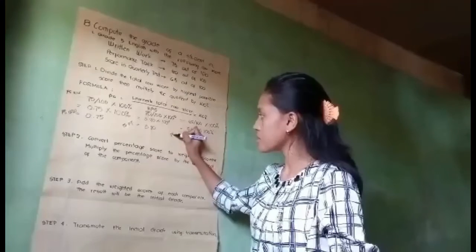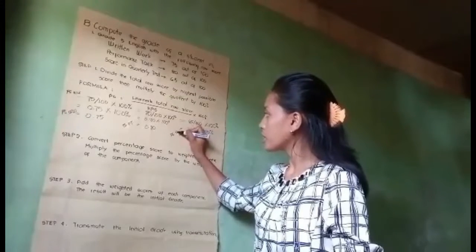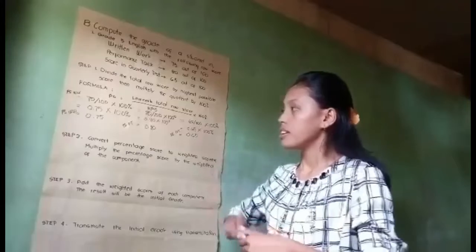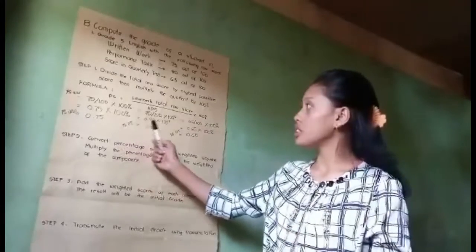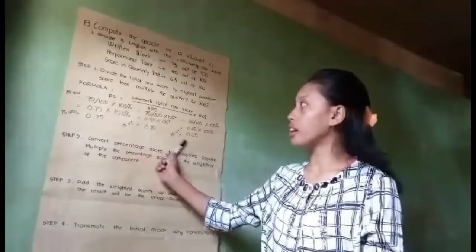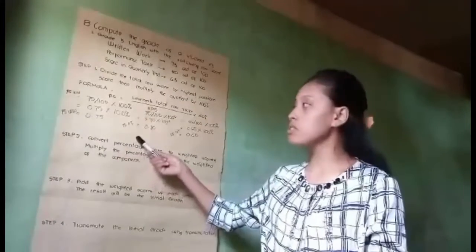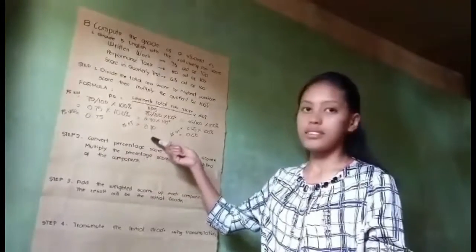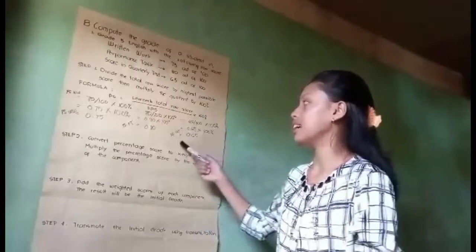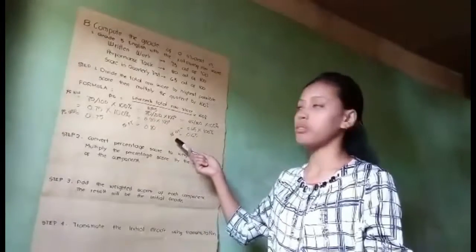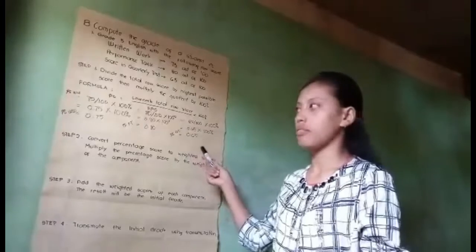This is our percentage score of the quarterly test. So these are the percentage scores: written work is 0.75, performance test is 0.80, and lastly the quarterly test is 0.65.